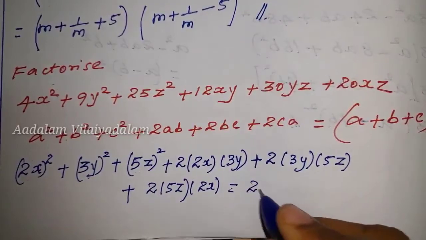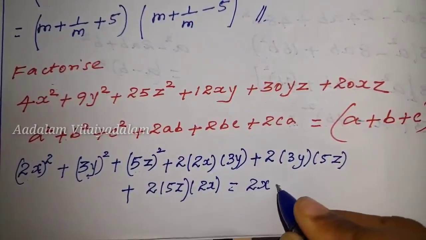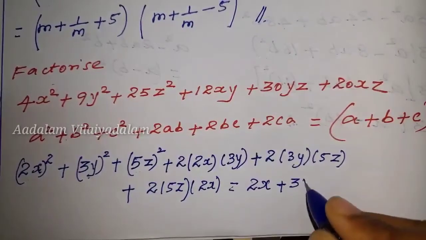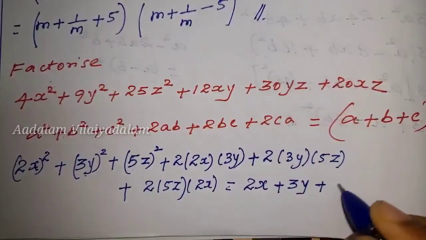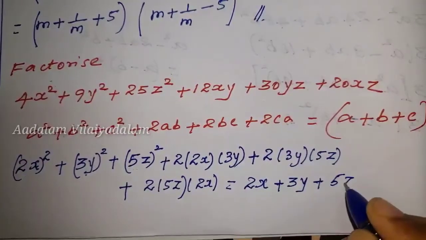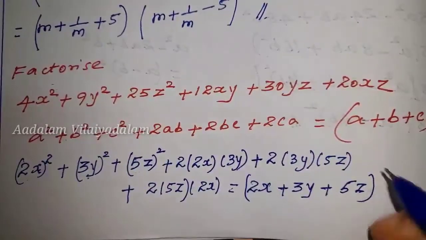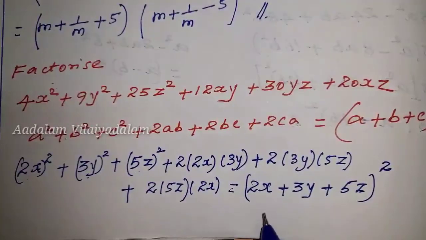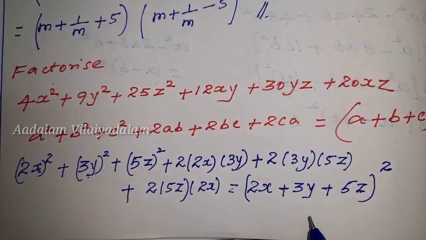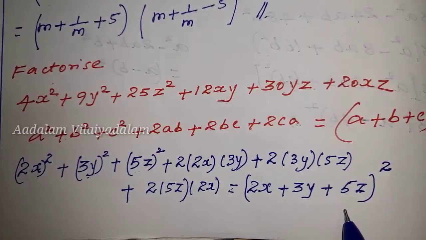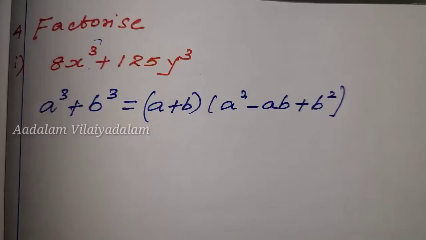So 2x plus 3y plus 5z the whole square. So the answer is 2x plus 3y plus 5z the whole square.